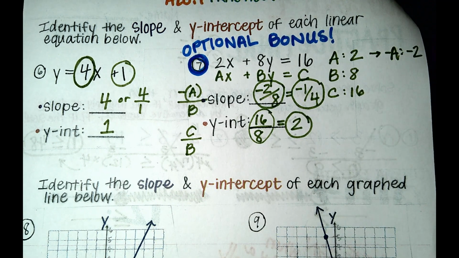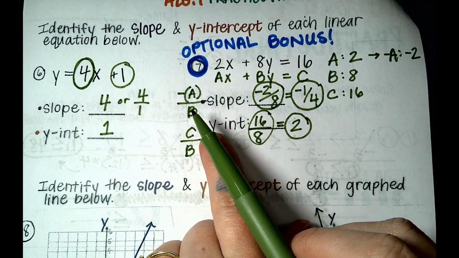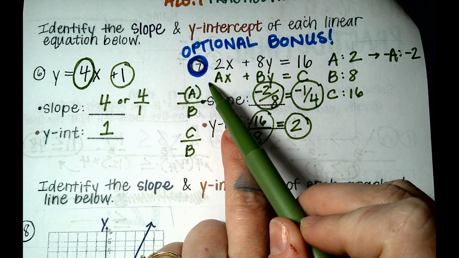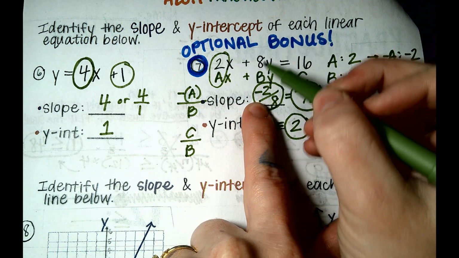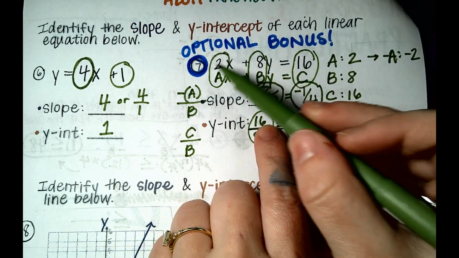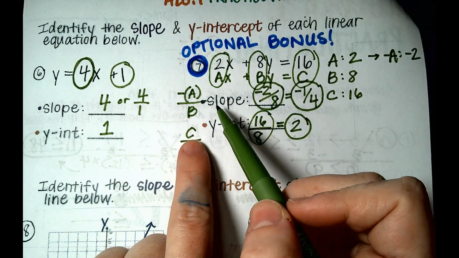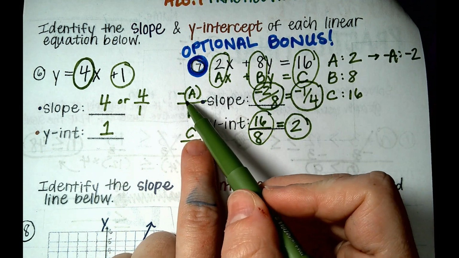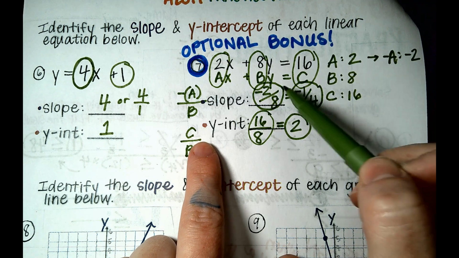You went faster than our writing, so I didn't really even catch it because I was writing. Okay. So it's negative a over b for our slope. Our a comes from here. The a is 2, b is 8, c is 16. It's just in letter order that the equation is written. So if I want negative a, well, a is 2, so negative a is negative 2.